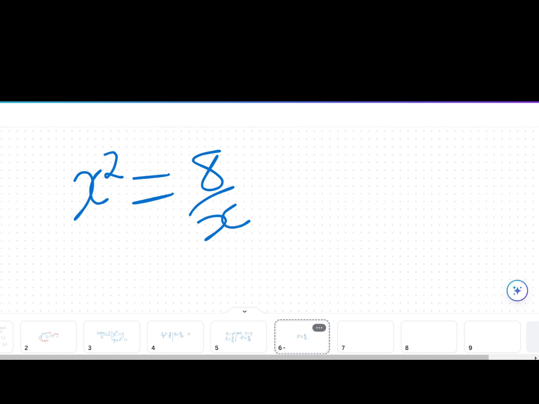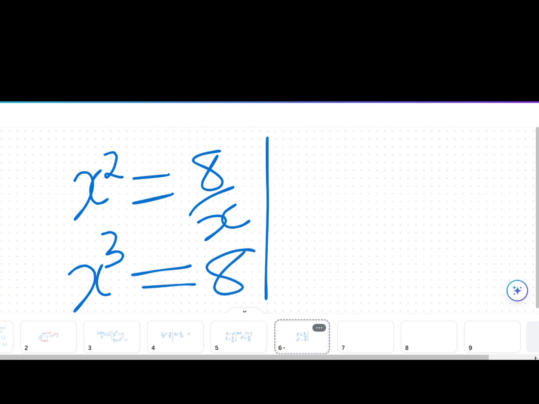When we multiply through by x, we are going to have x cubed. Remember, x squared times x is x cubed. And on the right side, x is going to cancel out, so we are going to have 8. So we have x cubed is equal to 8. Now we're going to look for x.